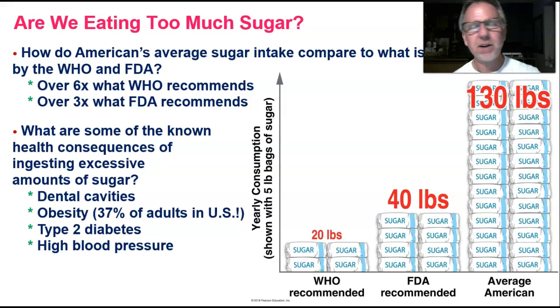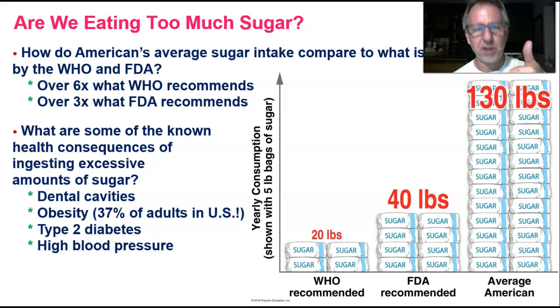Americans consume over 6 times the amount of sugar that the World Health Organization recommends, and over 3 times what the Food and Drug Administration recommends. So right there, I'm letting you know, we're eating overall too much sugar. And the other overall point I want you to learn here is what are some of the health consequences of eating too much sugar? Well, we've got a list there.